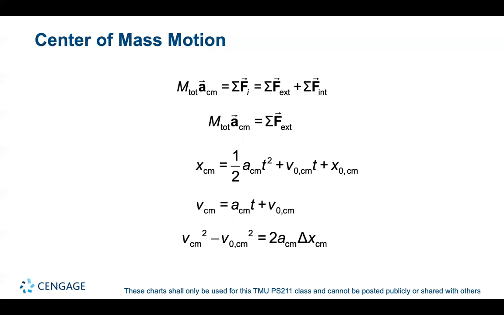All internal forces come as action-reaction pairs, and because the vectors in these pairs have equal magnitude in opposite directions, they cancel out. So the second law for the center of mass may be written without internal forces. In both one and two dimensions, our equations are exactly the same as for a single particle. The two-dimensional equations can be written simultaneously.